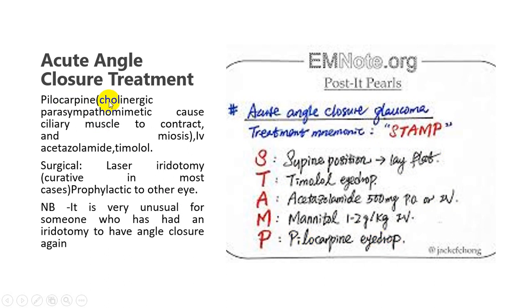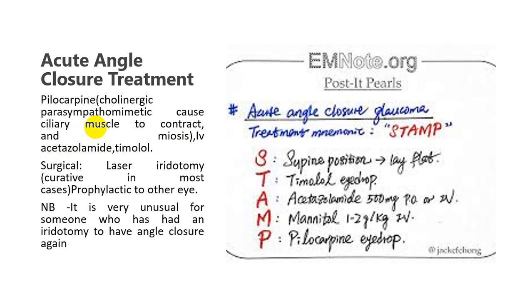So what is pilocarpine? It is a cholinergic parasympathetic mimetic. It causes the ciliary muscle to contract and miosis also. And I told you already, acetazolamide and timolol you should use also.